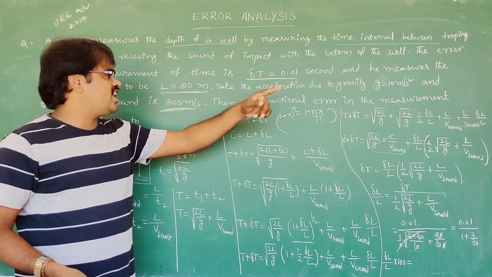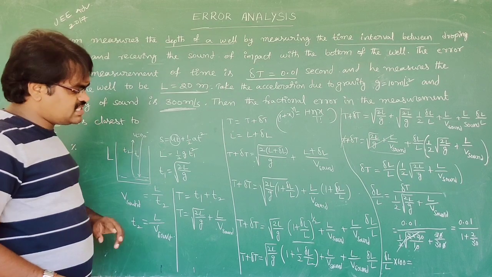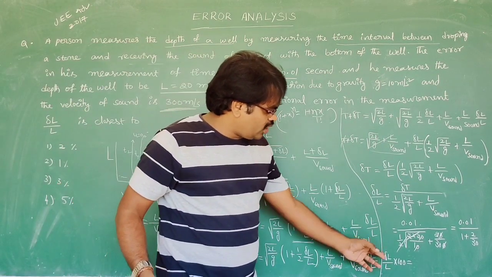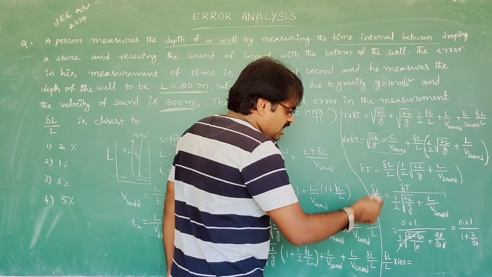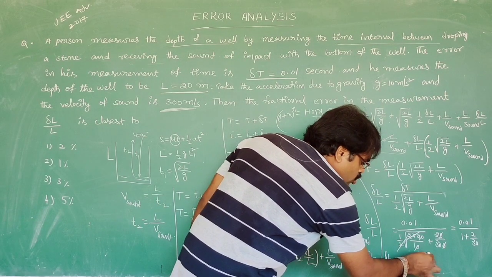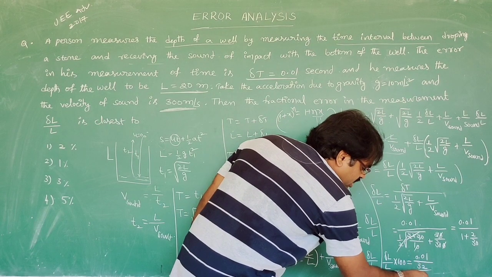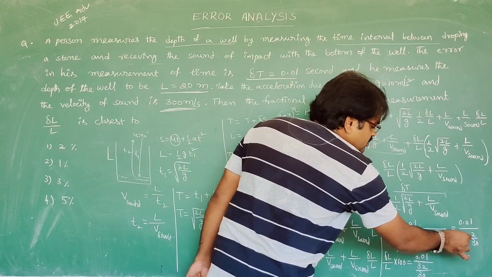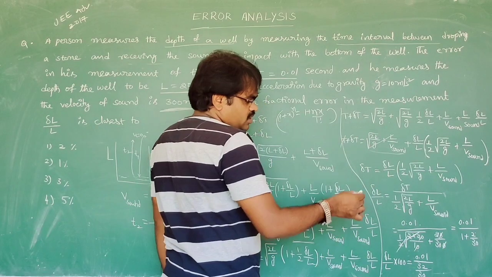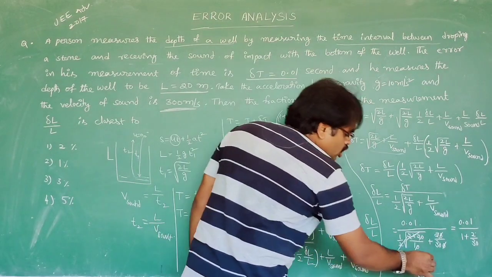The fractional error in the measurement of delta L by L, closest in terms of percentage, is asked. That's why we are calculating percentage. Here it is 0.01 by 32 by 30, because the LCM is 30: 30 plus 2, 32 by 30, into 100.